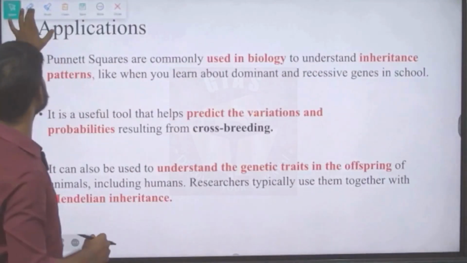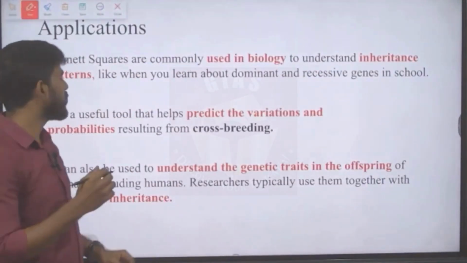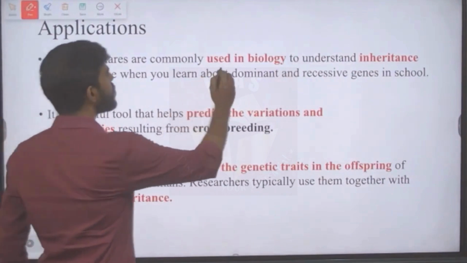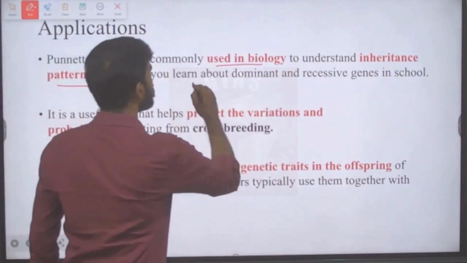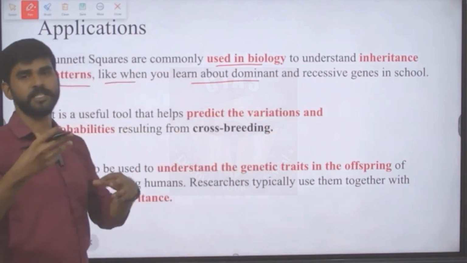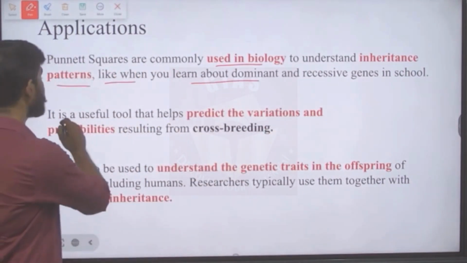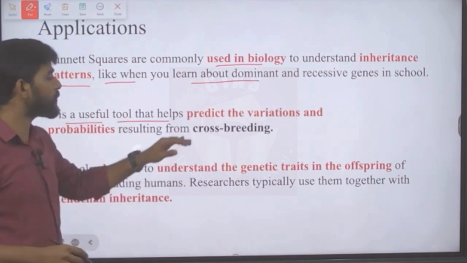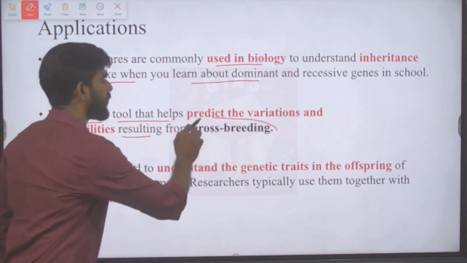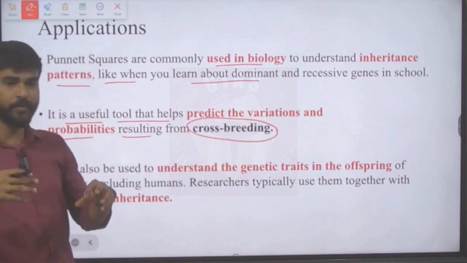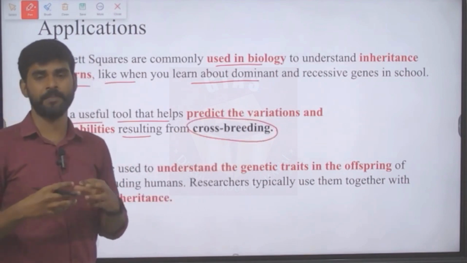Now let us understand the application of Punnett square. So Punnett squares are commonly used in biology to understand inheritance patterns, like we saw, like when you learn about the dominant and the recessive genes at school level. Next is, it is a useful tool to help predict the variations and probabilities resulting from crossbreeding. So when I go for crossbreeding, all the different variations and combinations can be predicted.